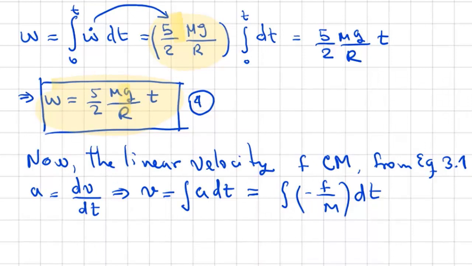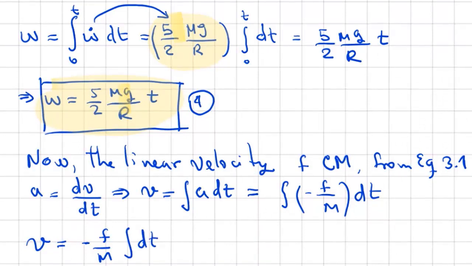So the equation is going to be v equal to the integral of minus f dividing m, dt.